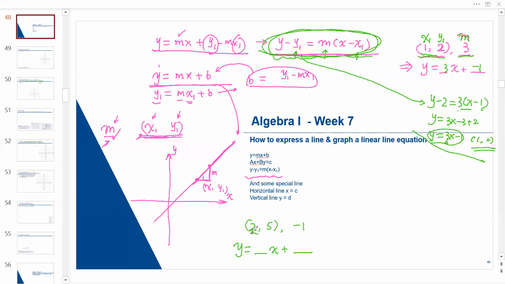So it passes this dot and the slope is -1. So what's this expression? What linear line? We have the formula here already, right?